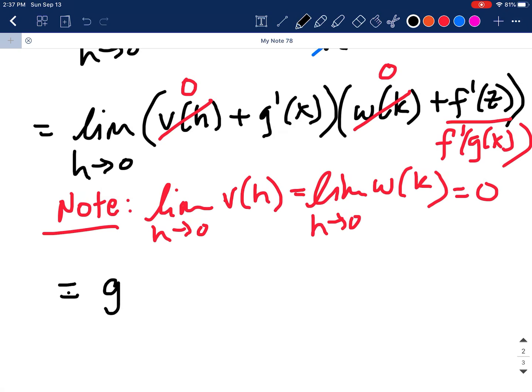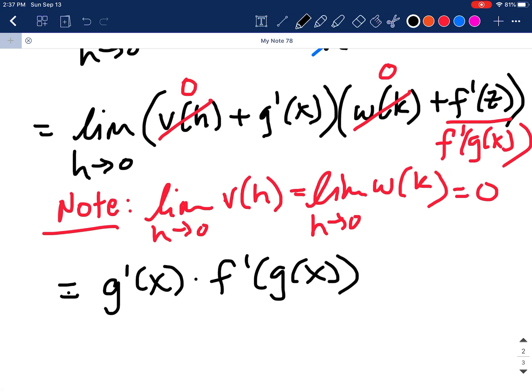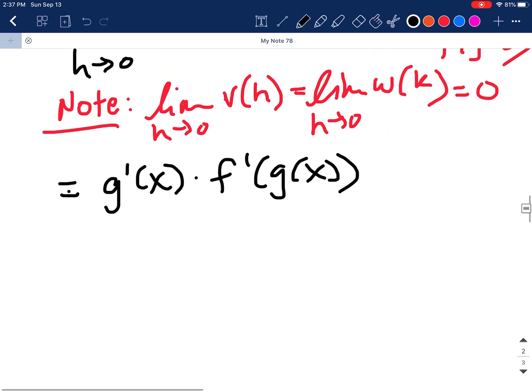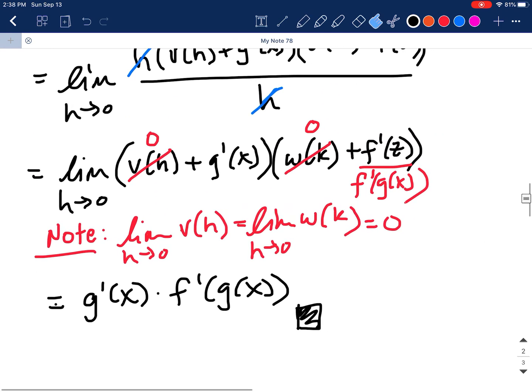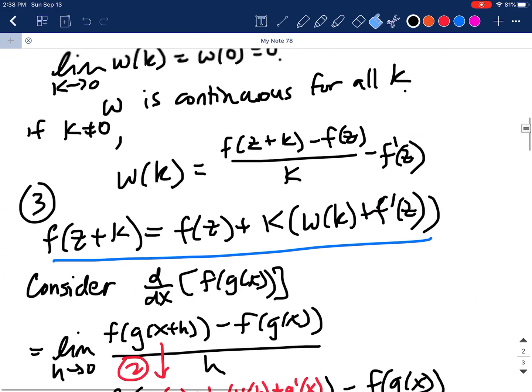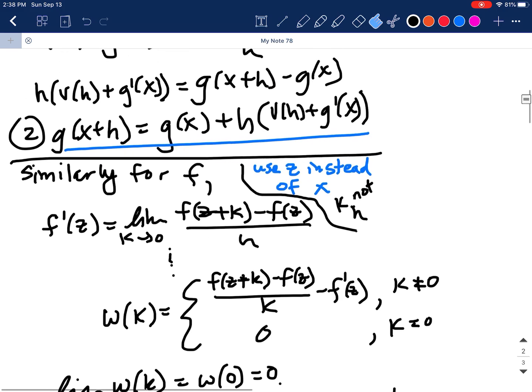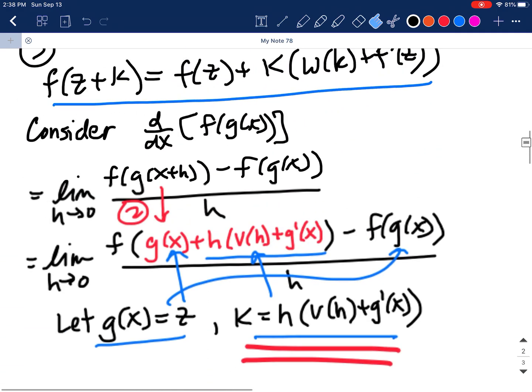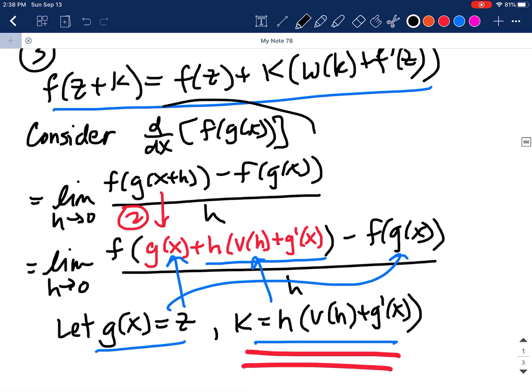So we'll get g prime of x times f prime of g of x, which is a slightly reversed version of that. But regardless, it is proved. So g prime of x times f prime of g of x is the same as the derivative with respect to x of f of g of x.